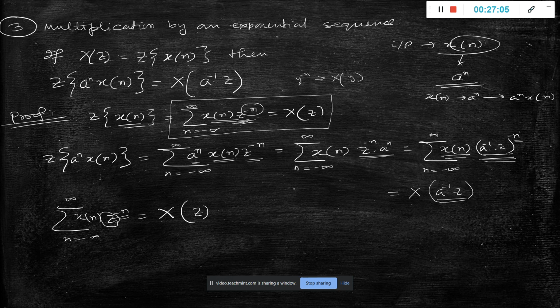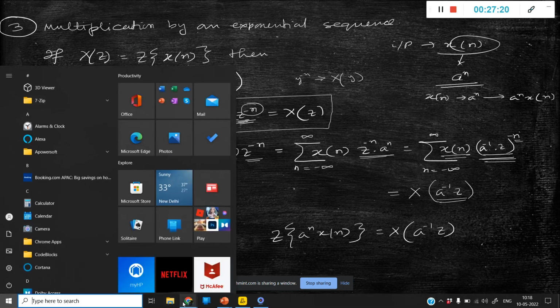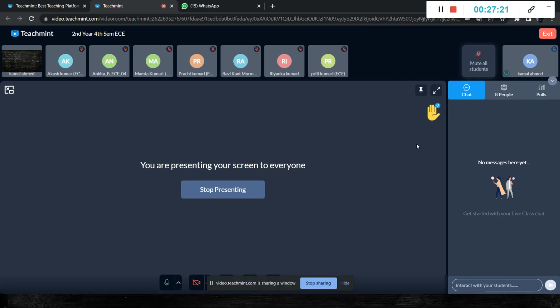Okay, so this one. So it can be proved that this equal to x of a to the power minus 1 z. Okay, got it?